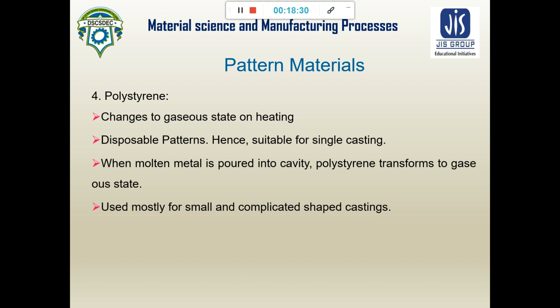We see polystyrene used in investment casting and in the lost foam process. Polystyrene changes to the gaseous state on heating, and it is a disposable pattern, hence it is suitable for single castings.